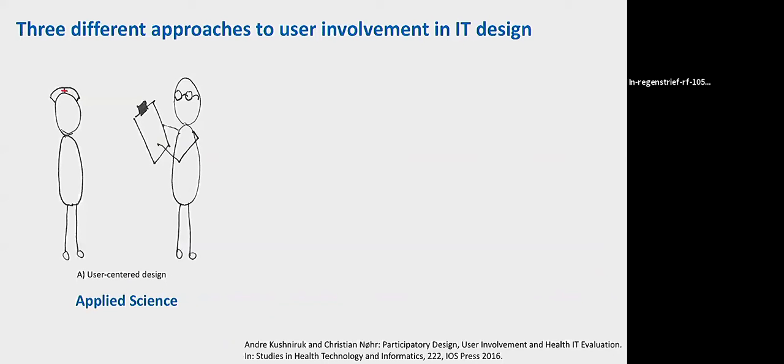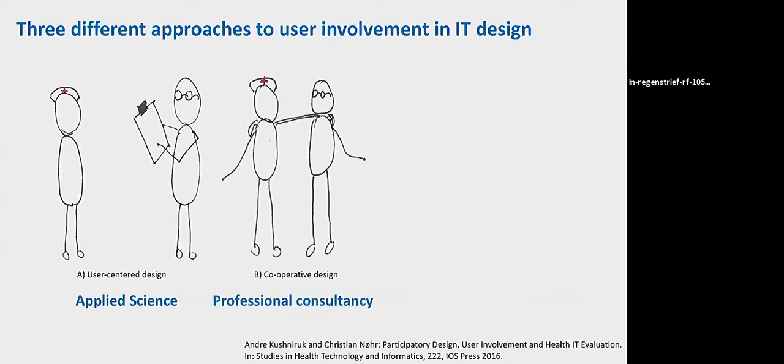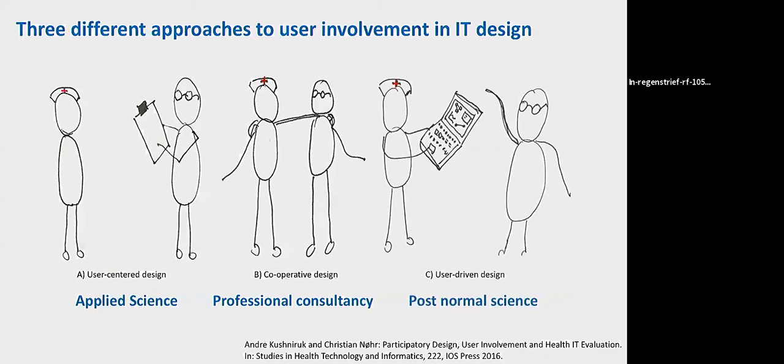But a further degree of involvement could be what we call cooperative design. That's where you apply professional consultancy. That's where you try to engage the users in a collaborative fashion, and you have to set up organizational frameworks for that. But the third one is what I have been more engaged in, and it's what we call user-driven design. We want the users to actually be the creative source of the design, but it's not so easy to do because they're not used to it. It requires new techniques and new methods, and that's what we call post-normal science.